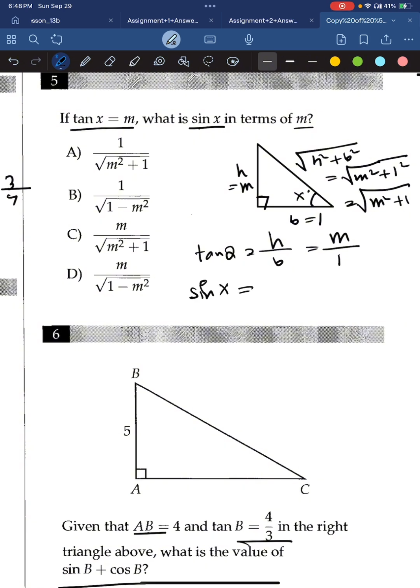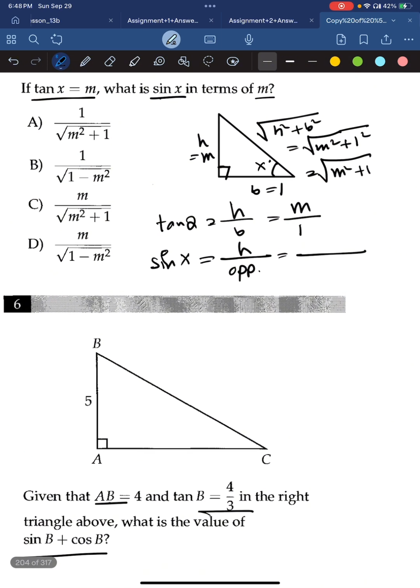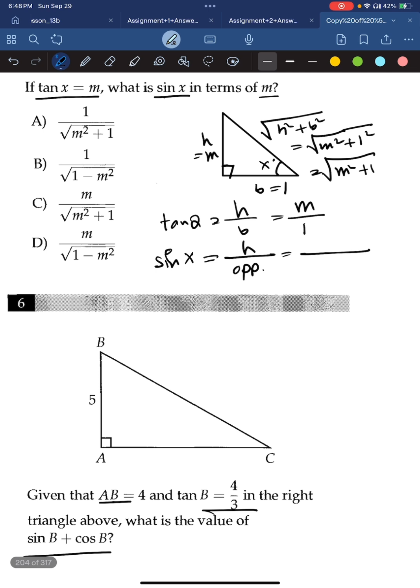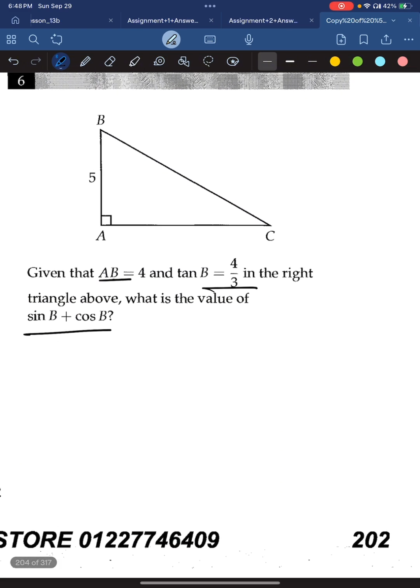Sine x is height over the opposite. Height is equal to m, and the opposite is the square root of m squared plus 1. So the answer is C. Let's do the next one.